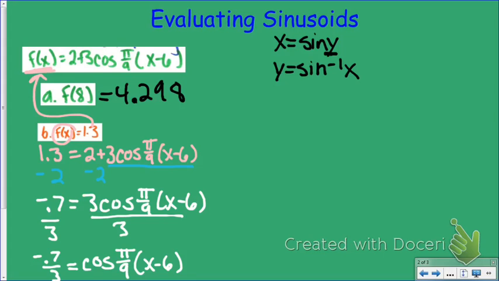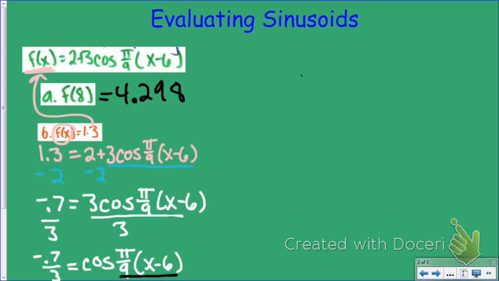So the only way to get this pi over 9 x minus 6 by itself is to rewrite this function as an inverse.